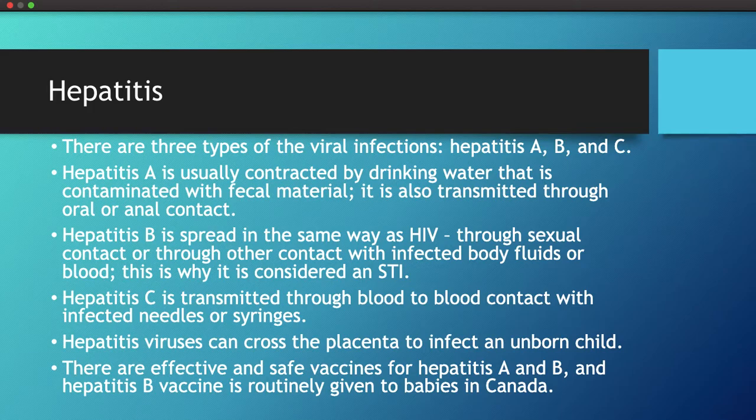Hepatitis viruses can cross the placenta to infect an unborn child. There are effective and safe vaccines for hepatitis A and B, and the hepatitis B vaccine is routinely given to babies in Canada. You might not know, but you likely do have the vaccine for hepatitis B. I think that they normally give people hepatitis A and B in school.